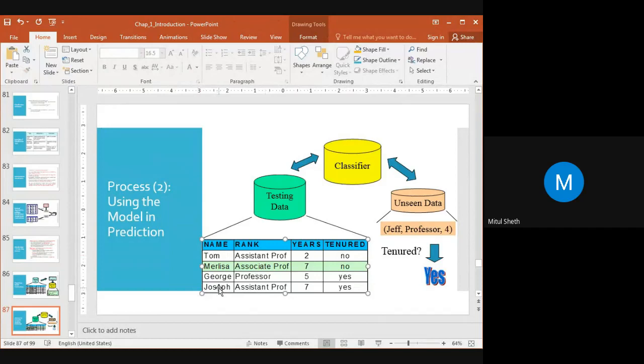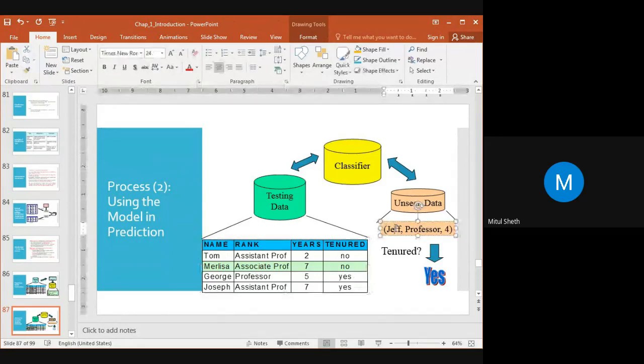Here you can say I'm giving one more data, Jeff. Okay, name of the particular person, rank professor, and how many years of experience? 4. Okay, so I am applying this unseen data. Testing data is known as the unseen data. I am applying those data to my classifier model, and based on the different classification rules, it gives me the class label.